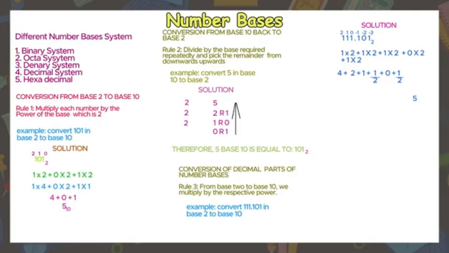Any number raised to power 0 is 1. That will be 1 times 2 raised to power 2, which means 2 times 2, which is 4, plus 0 multiplied by 2, plus 1 times 1.